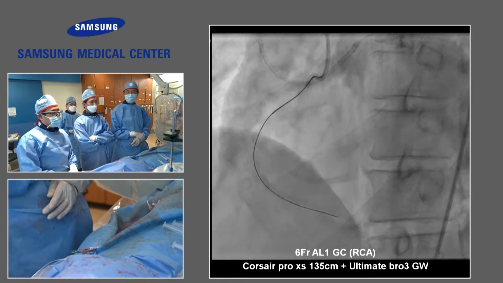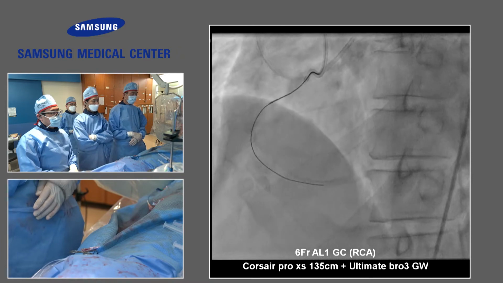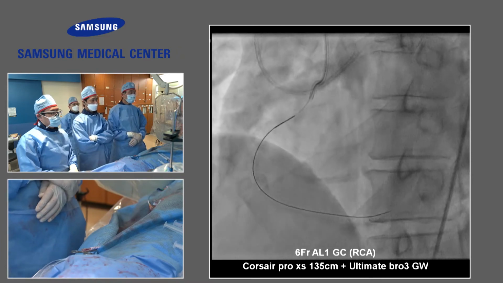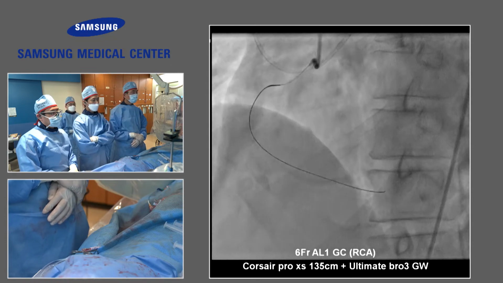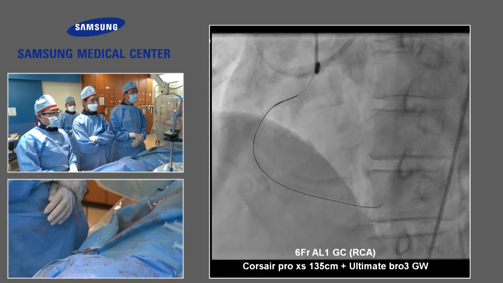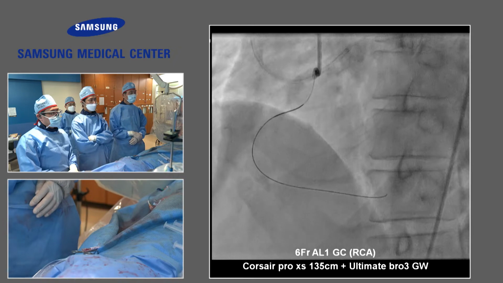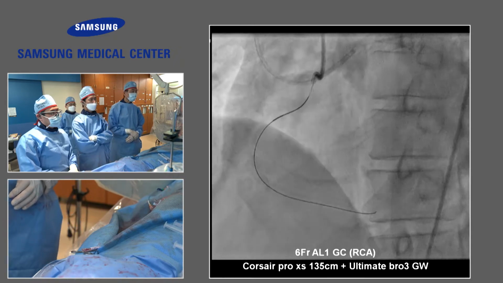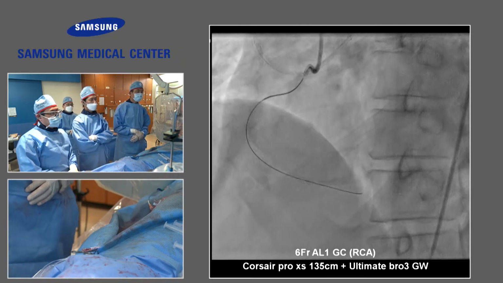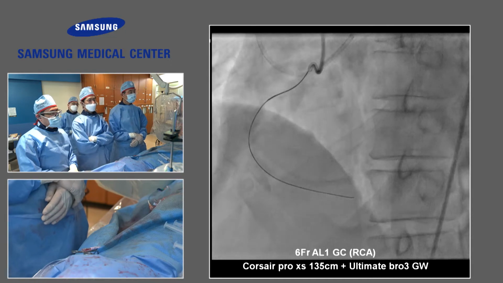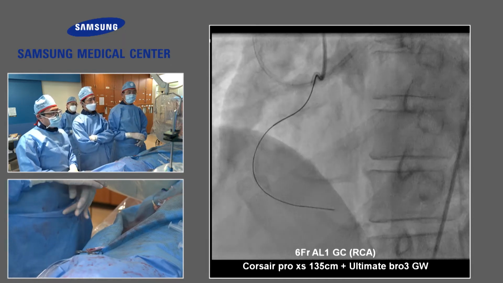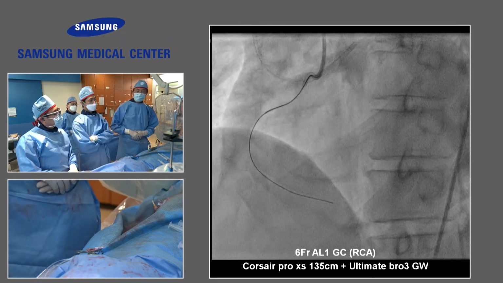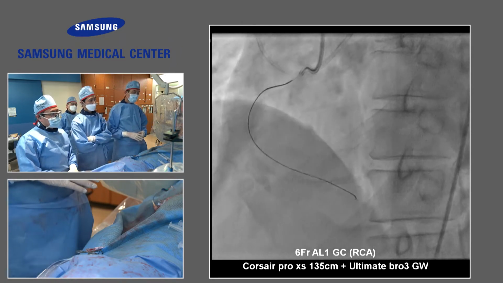So, Dr. Nass also has the same opinion? Yes, the Corsair XS shaft is very narrow, so the pushability is very poor. This case is okay, but in some long and very hard regions, there is a discrepancy between tip and shaft, and sometimes the tip is broken.